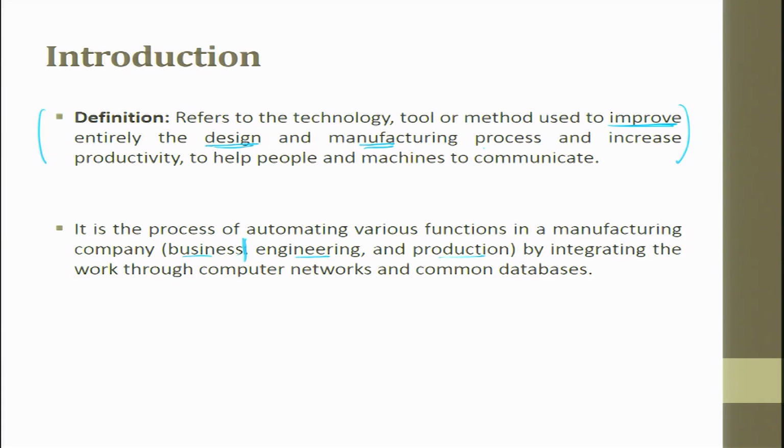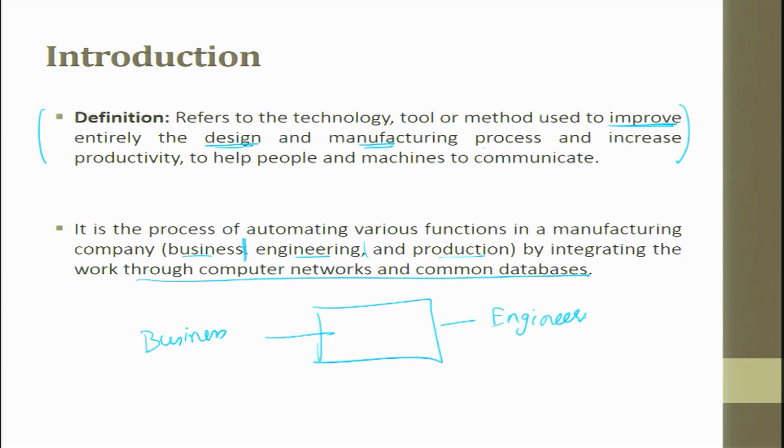Business is the customer and outside world, engineering is the design, and manufacturing is the production, integrating the work through a computer network and a common database. So, you have a common database to which business people are attached, engineering are attached, and production are attached.